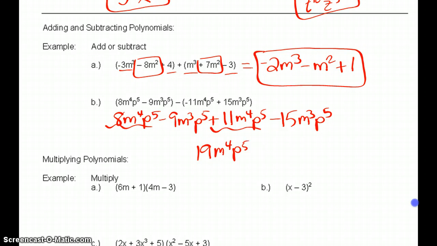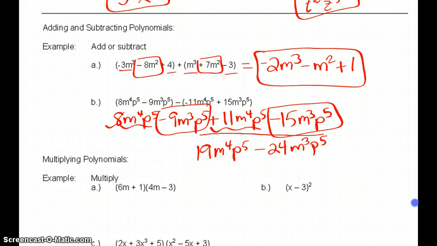Notice how I'm just adding the coefficients, so the numbers in front. And then these two things are going to give me a sum of negative 24, m to the 3rd, p to the 5th. And notice how we cannot add these two because of these exponents. Okay, just simple adding.